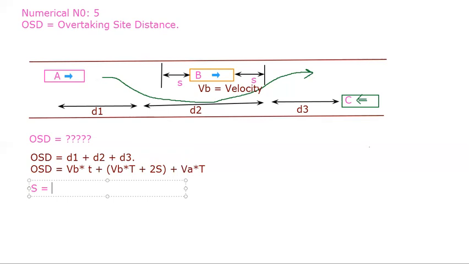And that will be equal to, we have the empirical formula for this, 0.2 multiplied by VB plus 6. So there will be this formula.